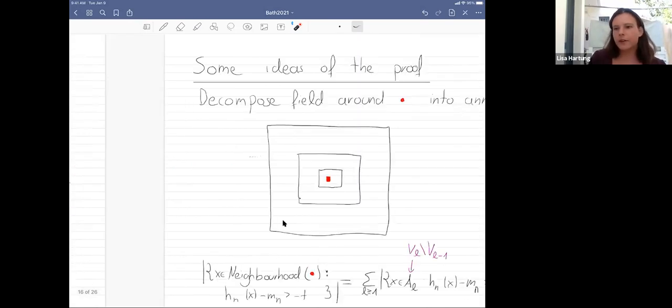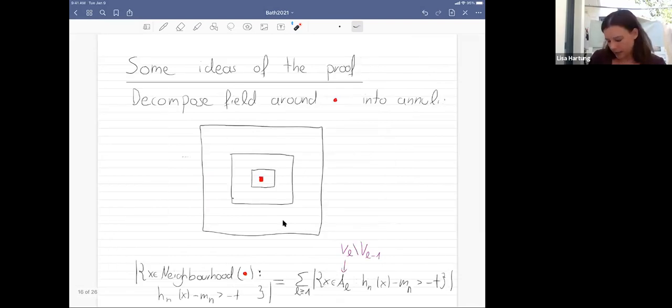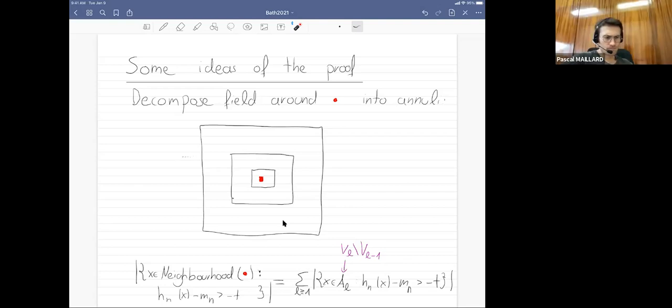Okay, so let me try to explain a little bit where all these things come from and why we see them appear. What you can do is take your field around this extreme local maximum, and try to mimic a Gaussian branching random walk.